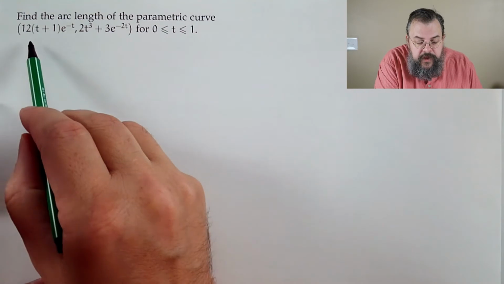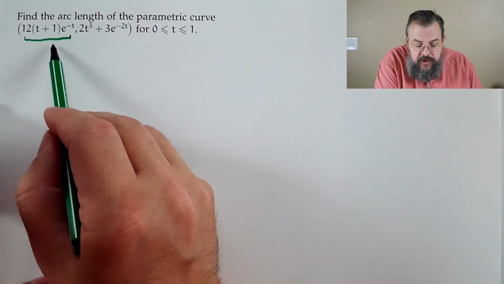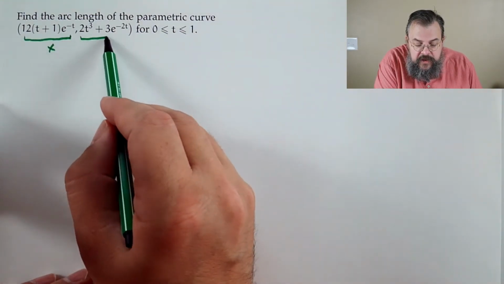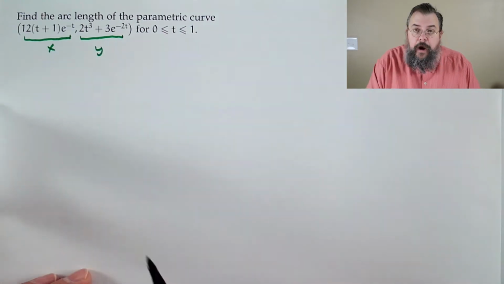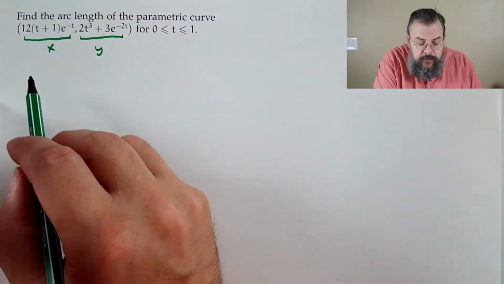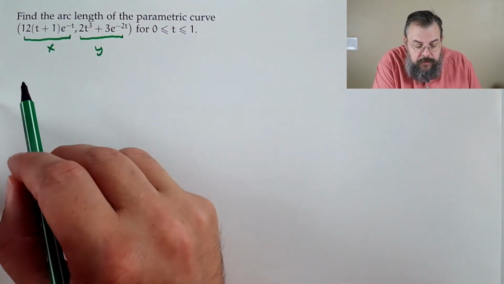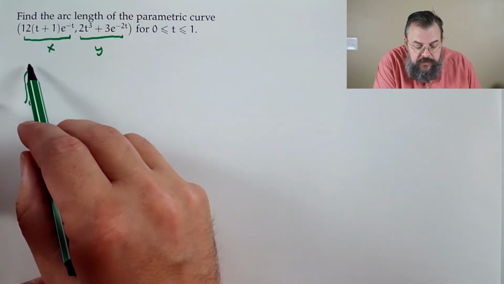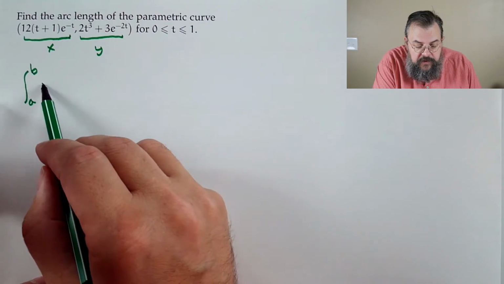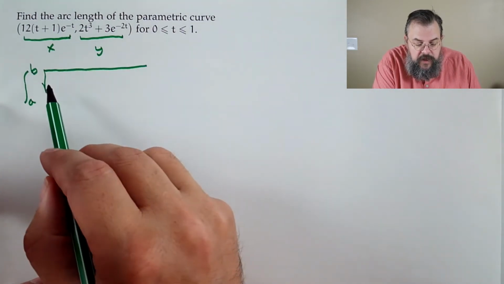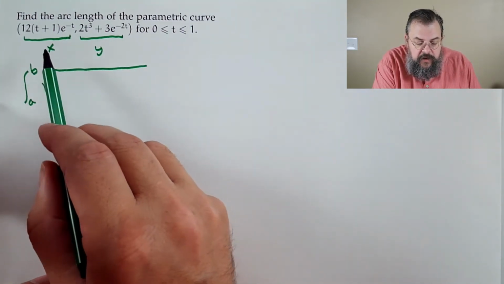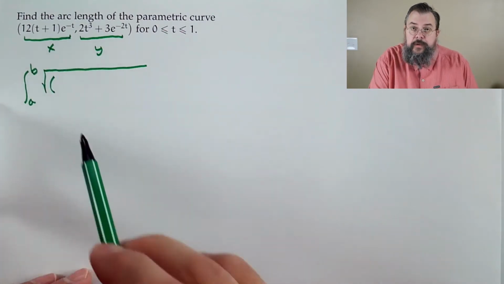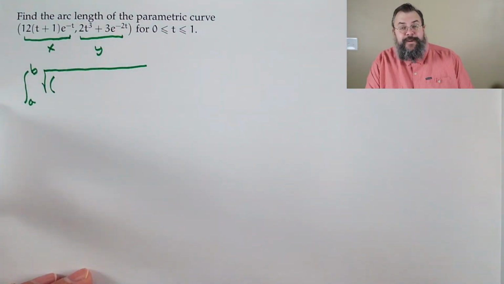Well, this first piece is our x, and our second piece is our y. So if we want to find the arc length, what do we do? Well, we're going to add up, start to stop, the square root of, and now we take the derivative of the x term.